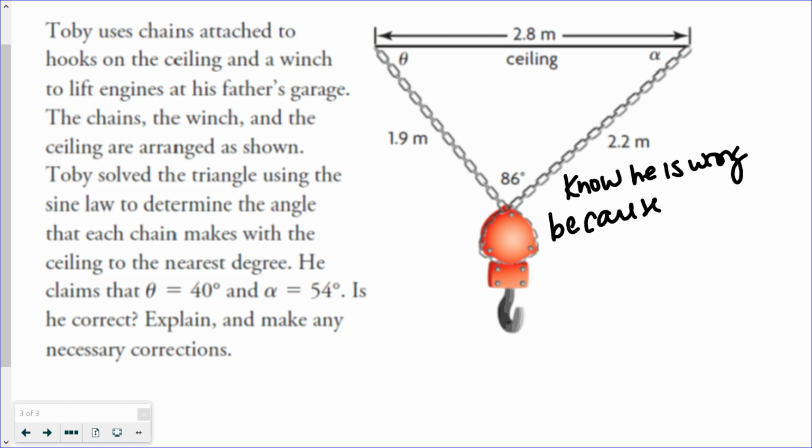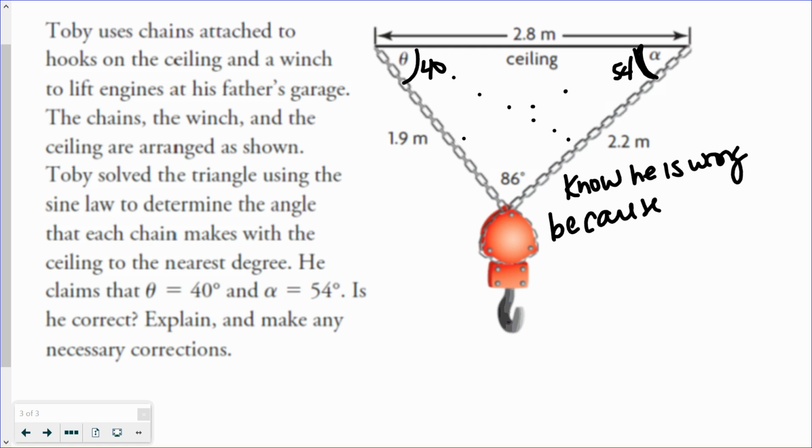because if you look at the side lengths, sorry, I guess I could have left this on. So he said 40 and he said 54. So he's saying angle alpha here is 54 and theta is 40. If we look at the side lengths that are across from them, the bigger the angle, the longer the side length should be. So 54 is across from the 1.9, 40 is across from the 2.2.